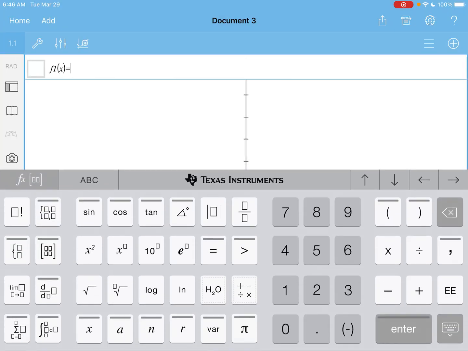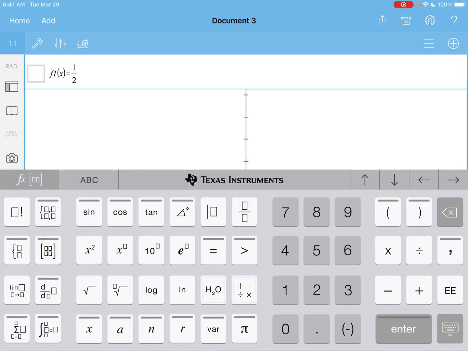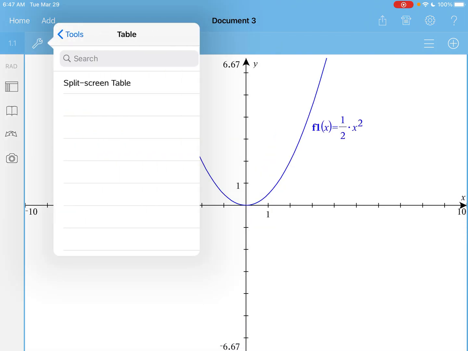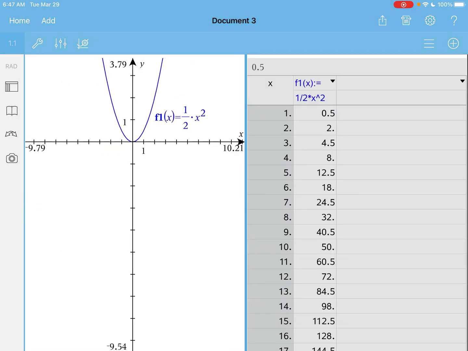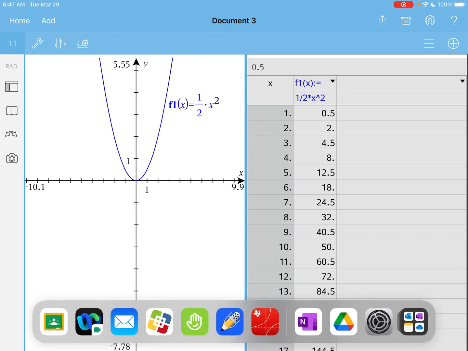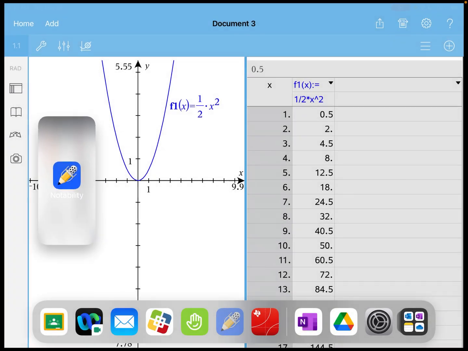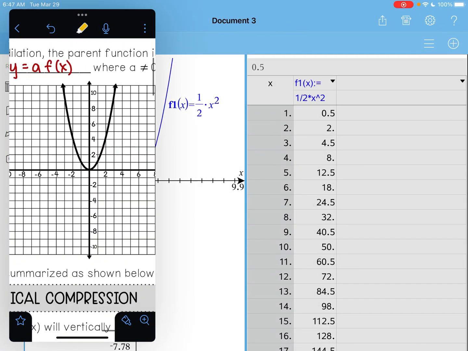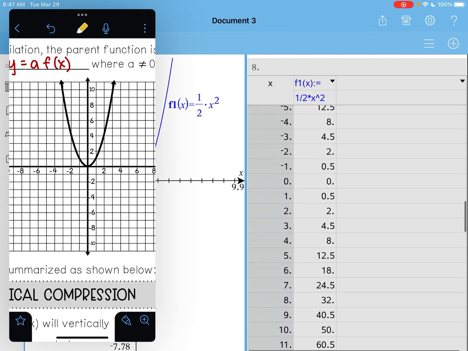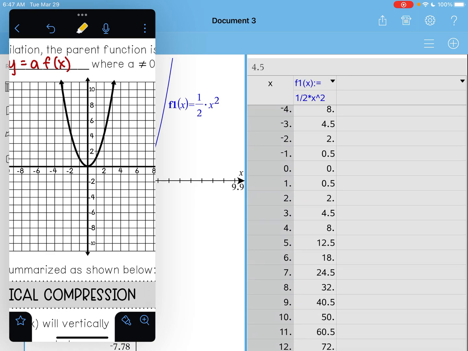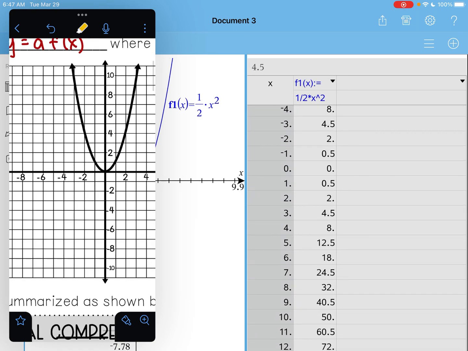So I go to a new graph, type in 1/2 x squared, press enter, and Control T to get my table. Now I see a lot of decimals, that's perfectly fine, but we're only going to worry about graphing the whole numbers. So I'm going to go from -4.